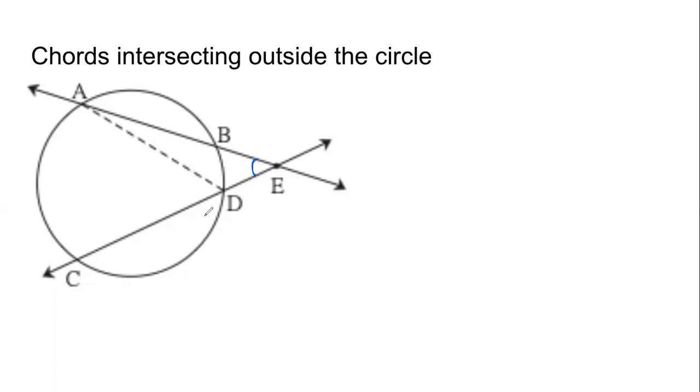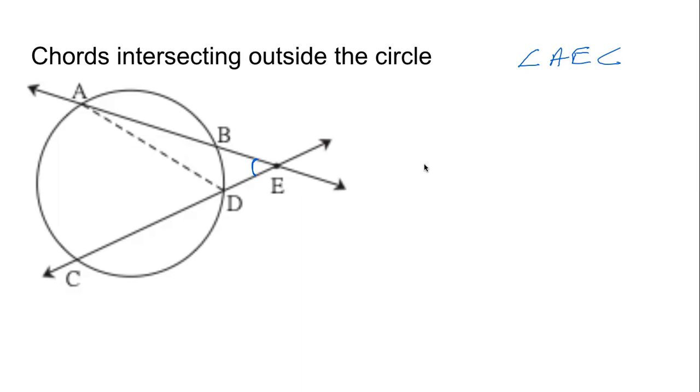How is this related to the arcs that they intercept? First of all, let us identify the angle between them. The angle between them is AEC. This is the angle between the chords AB and CD, which are intersecting outside at the point E.